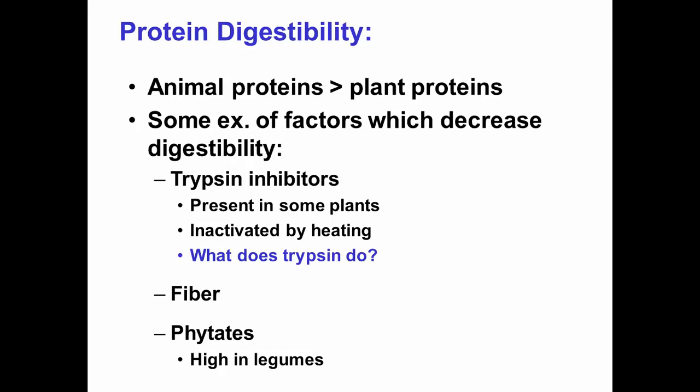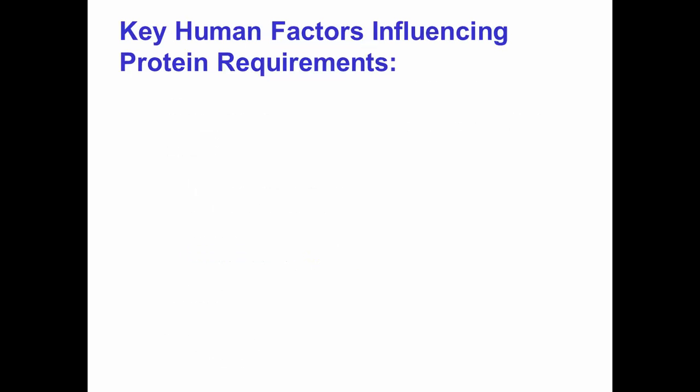So that's part of why plant foods, especially legumes, can interfere a little bit with protein digestibility. Cooking does a lot to help break the plant walls down and help us get better accessibility. But if you compare it to animal protein, that's why there's a differential.